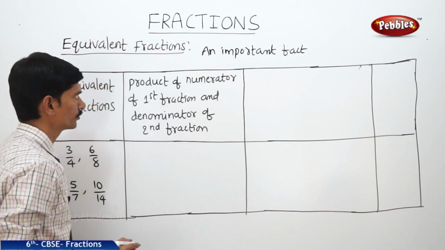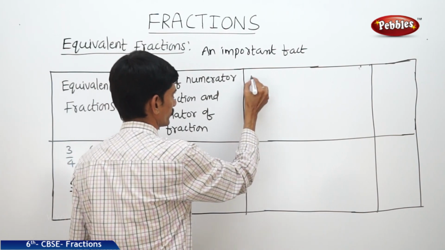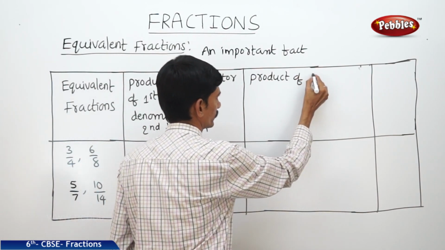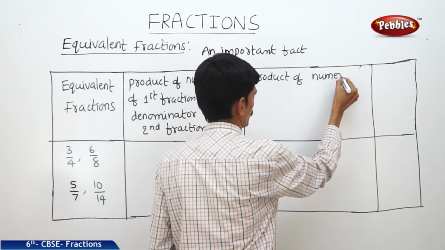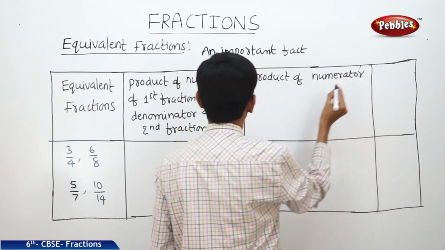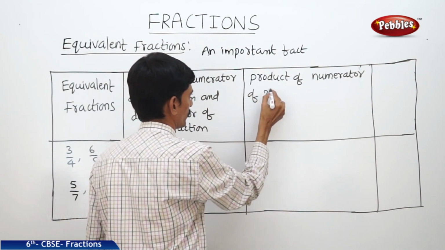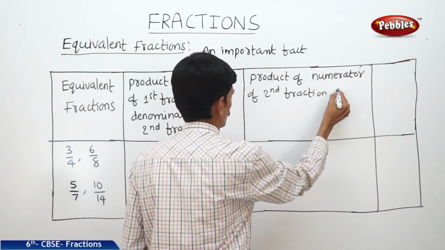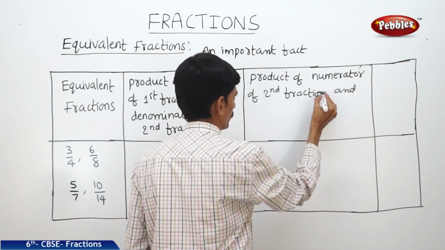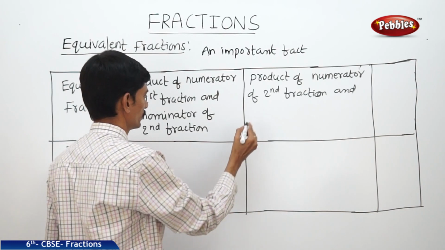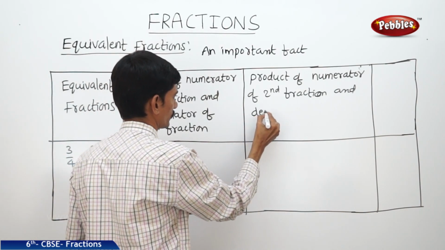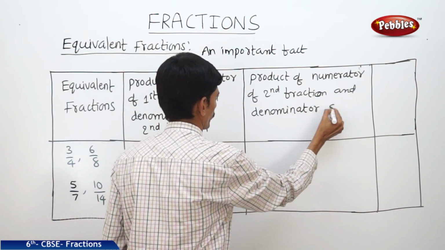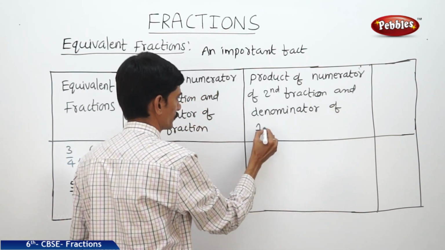So in the next column we take the product of the numerator of the second fraction and the denominator of the first fraction.